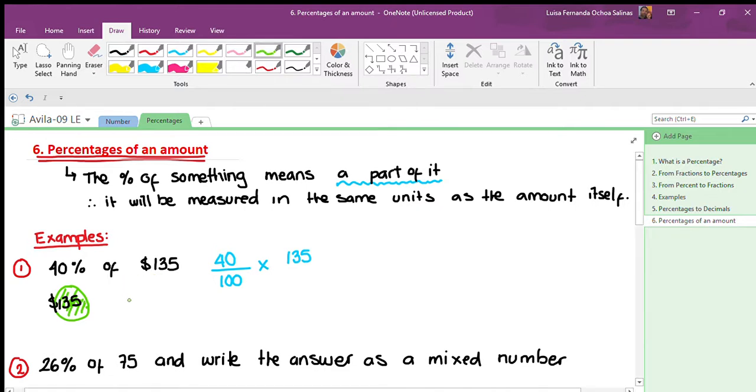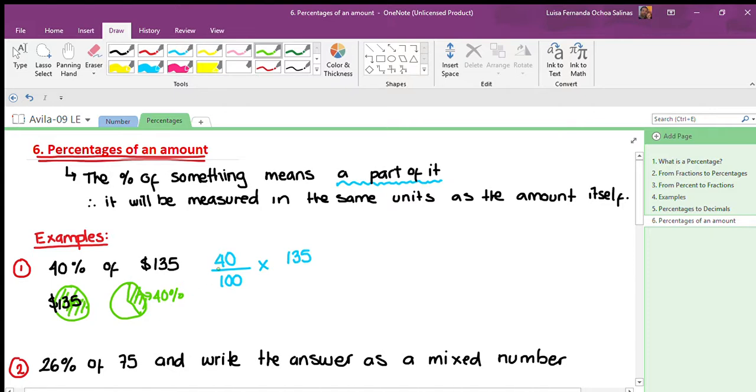If we have our same cake that we had before, let's say that this bit here is 40%. We're trying to find how many dollars this piece is.